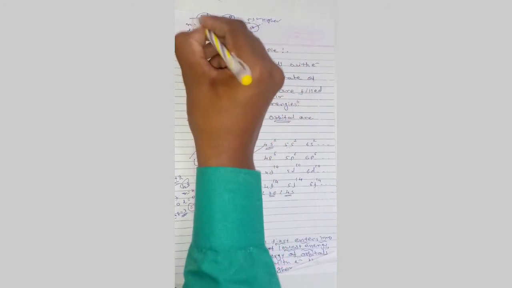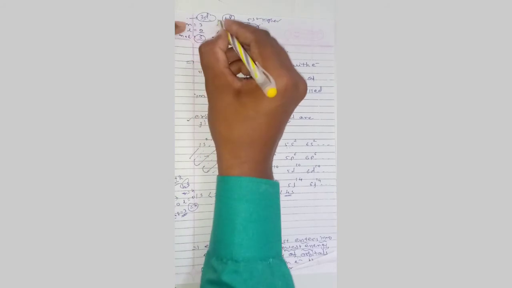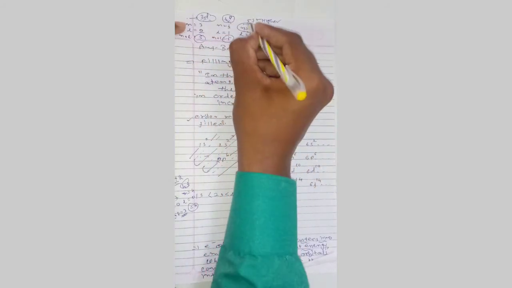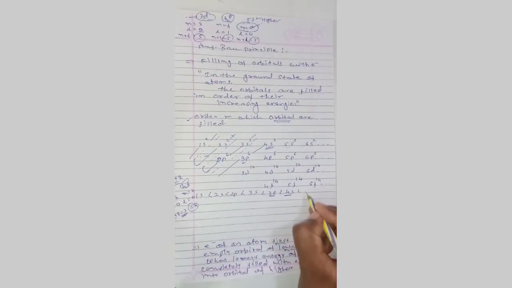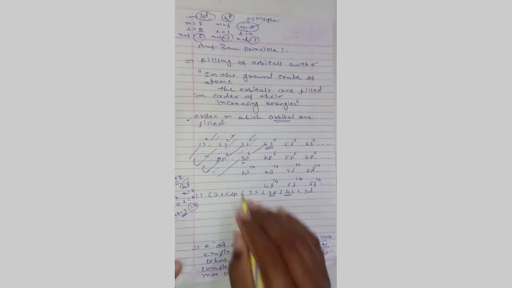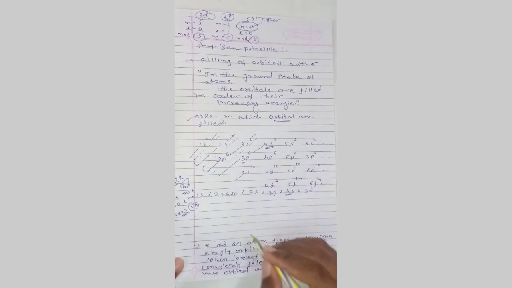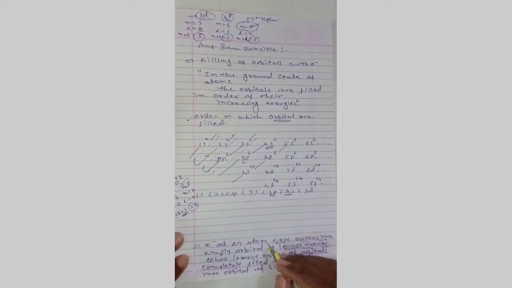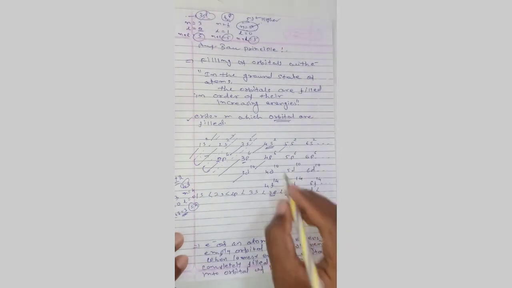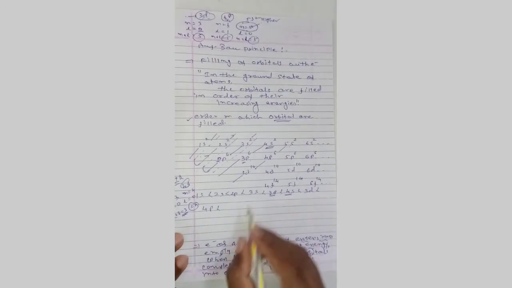So 3d has lowest energy compared to 4p and 5s. That's why it enters into 3d, and then after 4p, and then after 5s. Okay, so 3d is less than 4p is less than 5s.